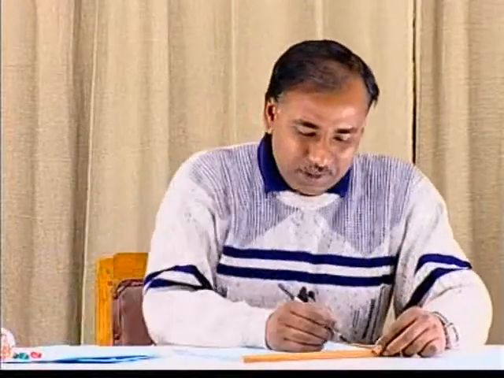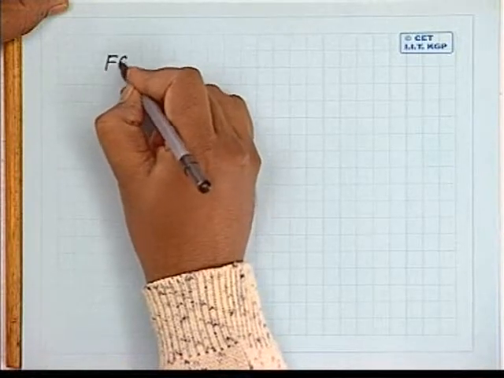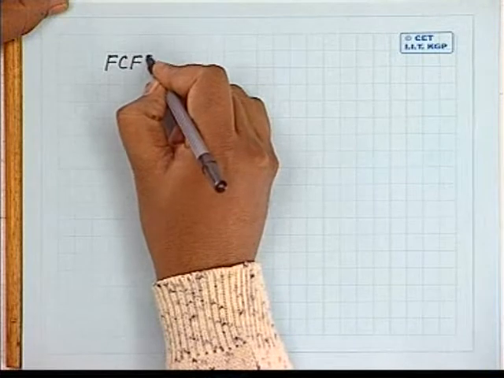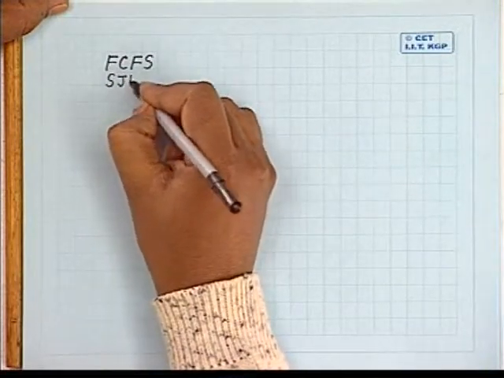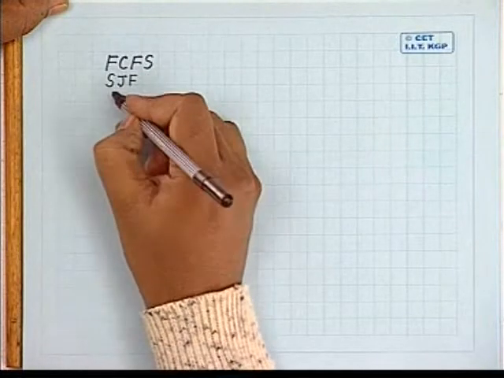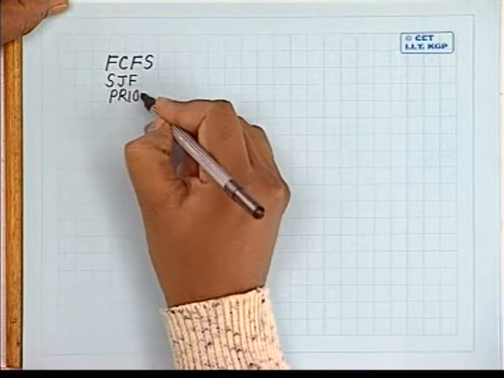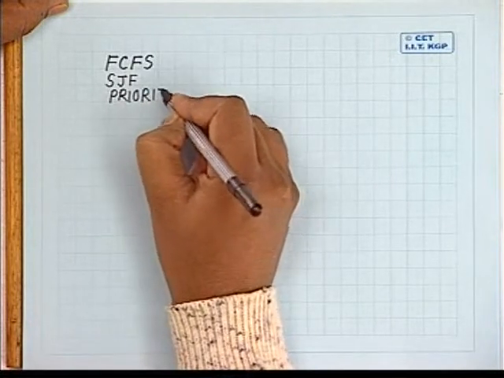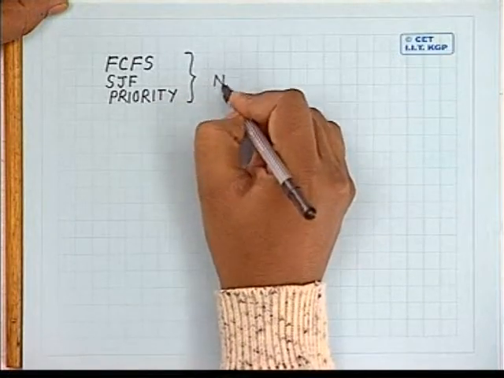So we have discussed various CPU scheduling techniques. Of course, the simplest CPU scheduling technique that we have discussed is first come first serve, FCFS. Then we have talked about the shortest job first CPU scheduling technique. Then we have talked about the priority scheduling technique. And these are non-preemptive.